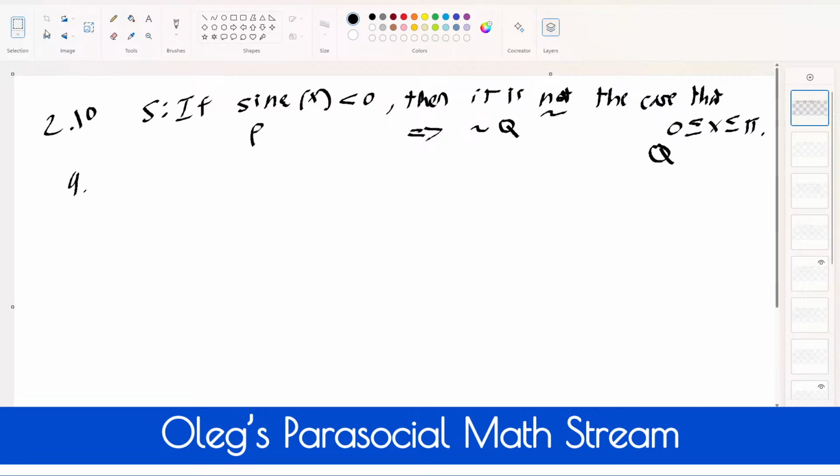Okay, let's take these two out. If P implies not Q, that means it could also be P and... If we're going to negate this, we're going to have to negate both P and Q, so not P implies Q. Is that correct?